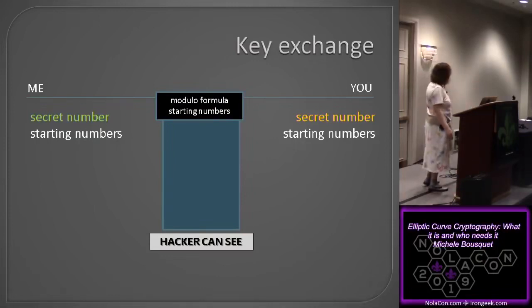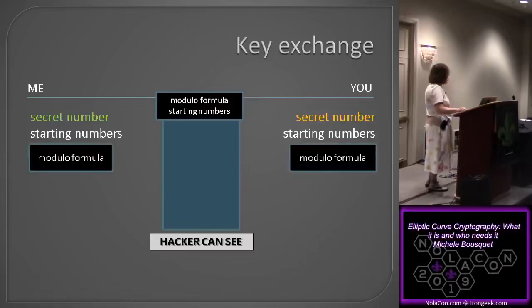But I have a secret number and you have a secret number, and we don't tell anybody what that is. And we have the starting numbers that we've exchanged. We know what those are. So we each do a modulo formula on it, and we get a result. So for example, I take 385 and I put it to the power of my secret number and do mod 293 and get 220.